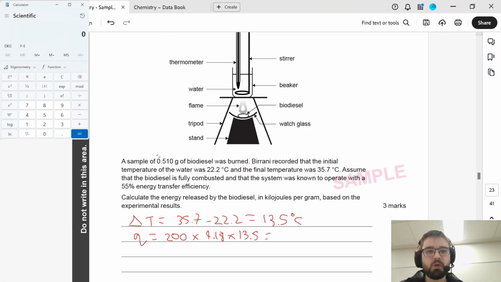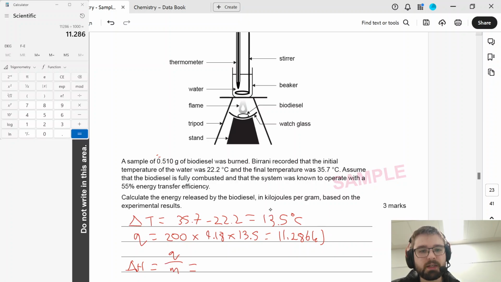So our Q value overall is going to be 200 times 4.18 times 13.5, which is that in joules. I'm going to divide it by 1,000 to get kilojoules, so 11.286 kilojoules. So energy content, so I'll say my delta H is equal to Q over m, where m is the mass.